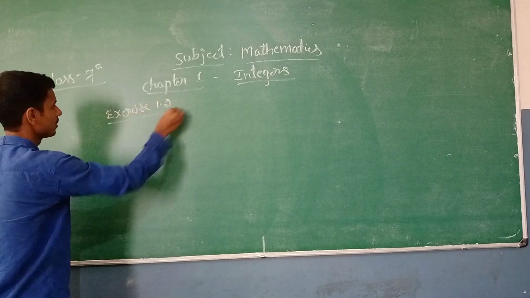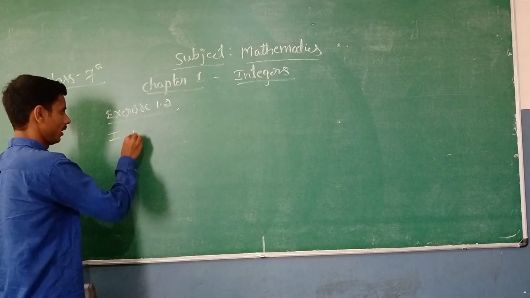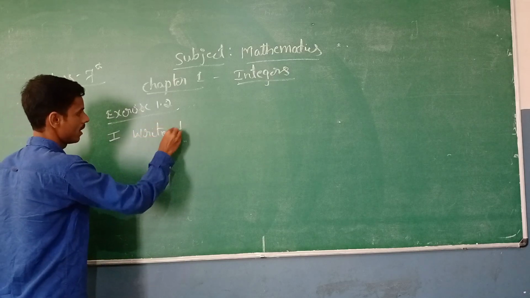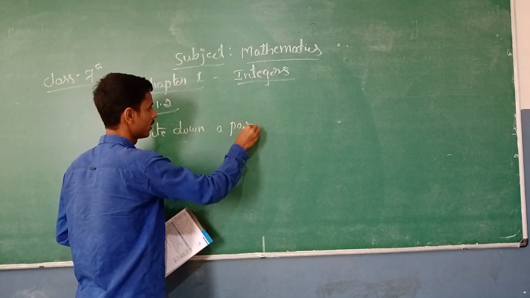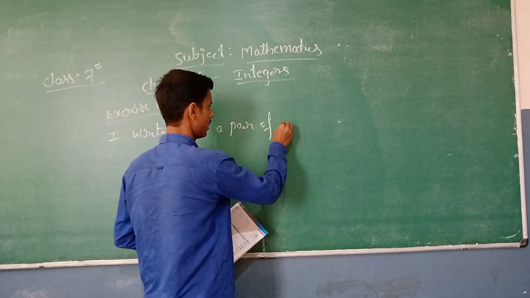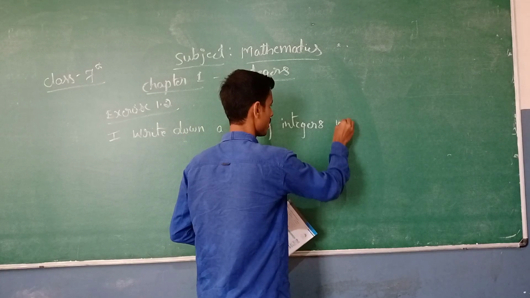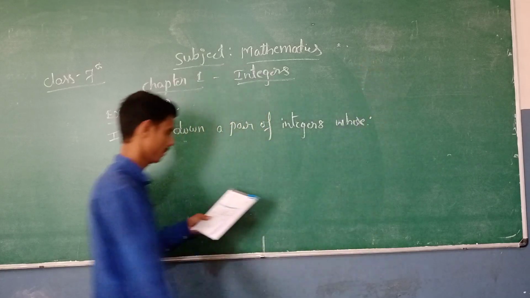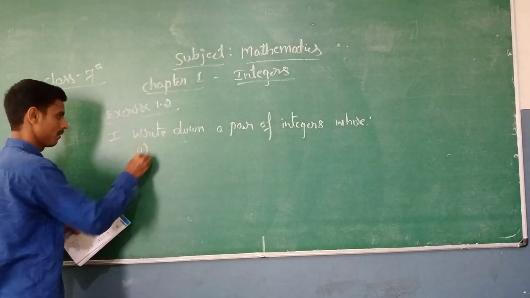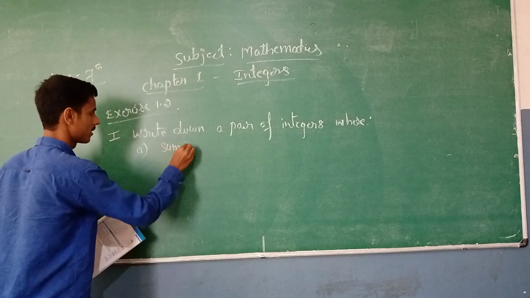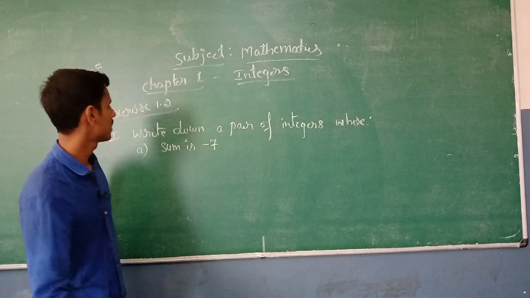Exercise 1.2. First one: write down a pair of integers whose sum is minus 7.